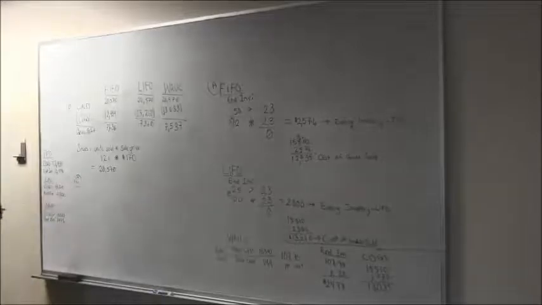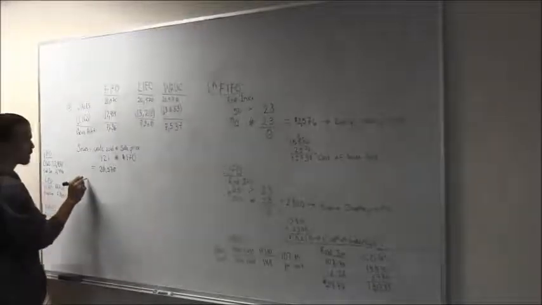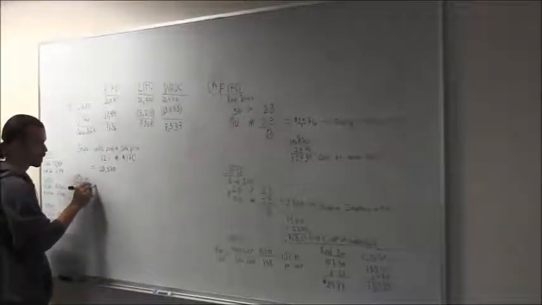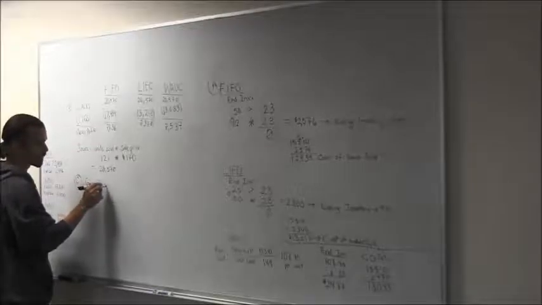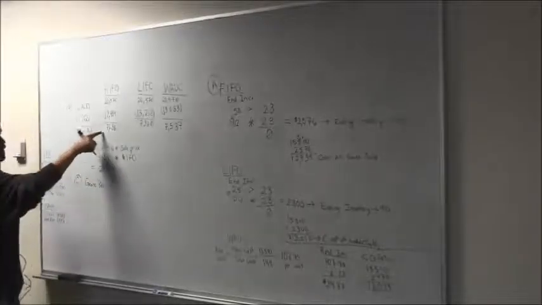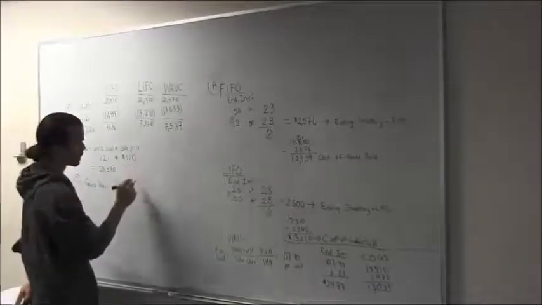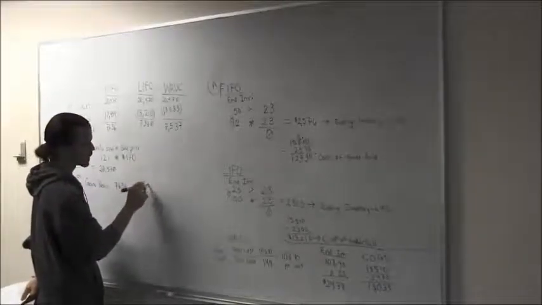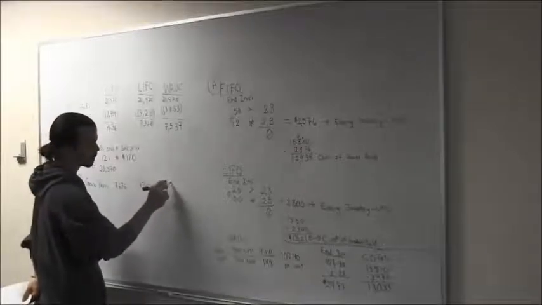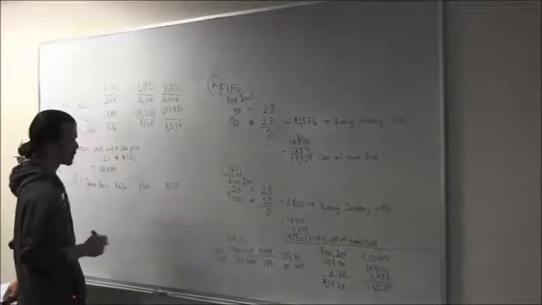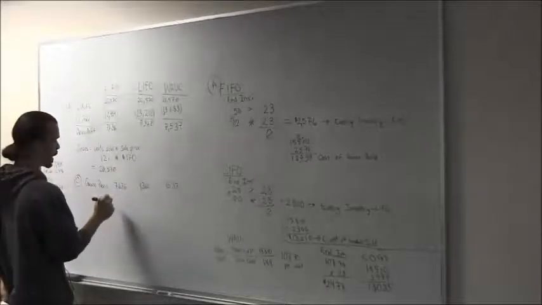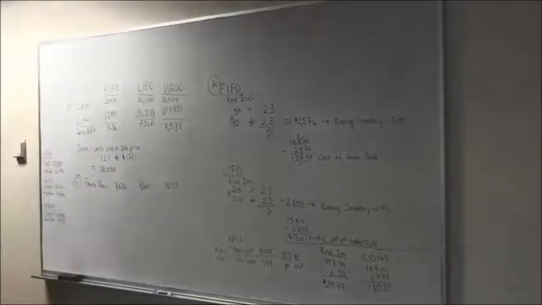It says C, which method results in the highest net income? The assumption is that operating expenses are going to be the same no matter what. So if I have gross profit of 76, 36, 73, 60, and 75, 37, then whichever one results in the highest gross profit is going to be the one that results in the highest net income.